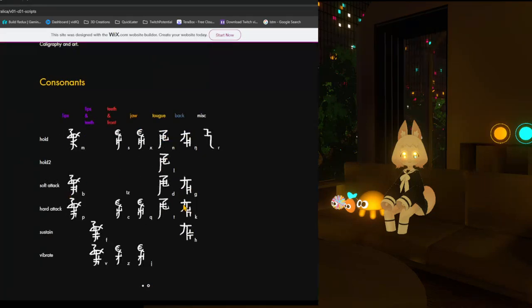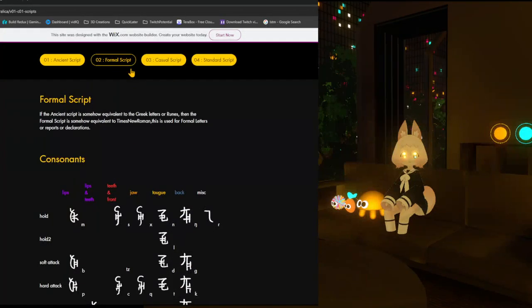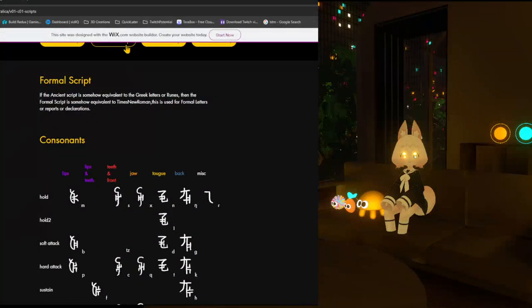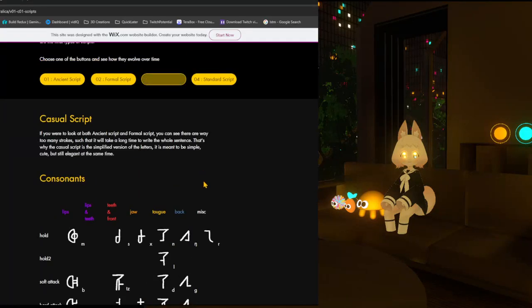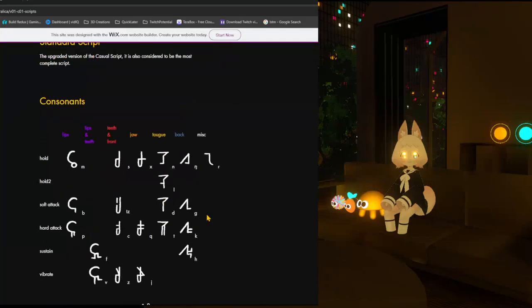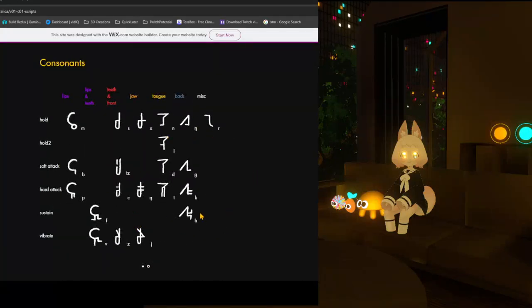So if you come over here and press each of them, you can see how they got simplified over time. Like we have casual script over here, and then finally we have standard script. I would say standard script is the most complete script we have so far. It takes care of a lot of consonants and all that stuff.